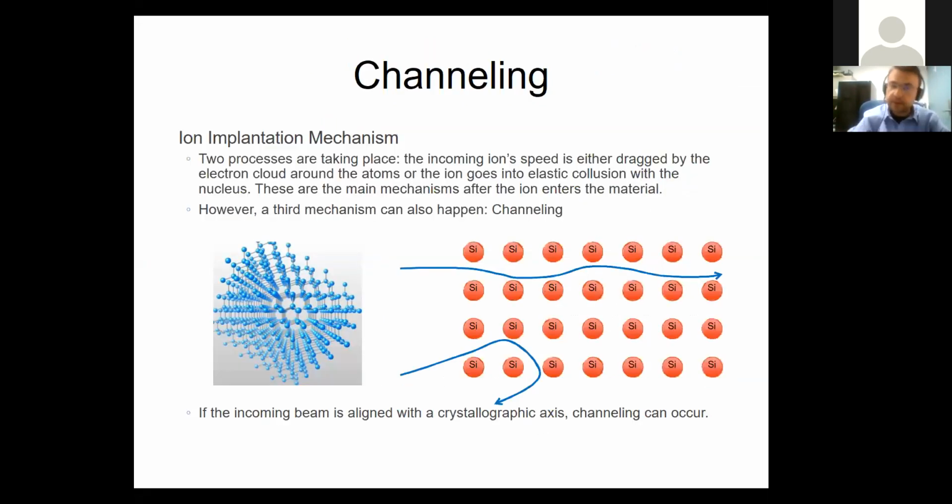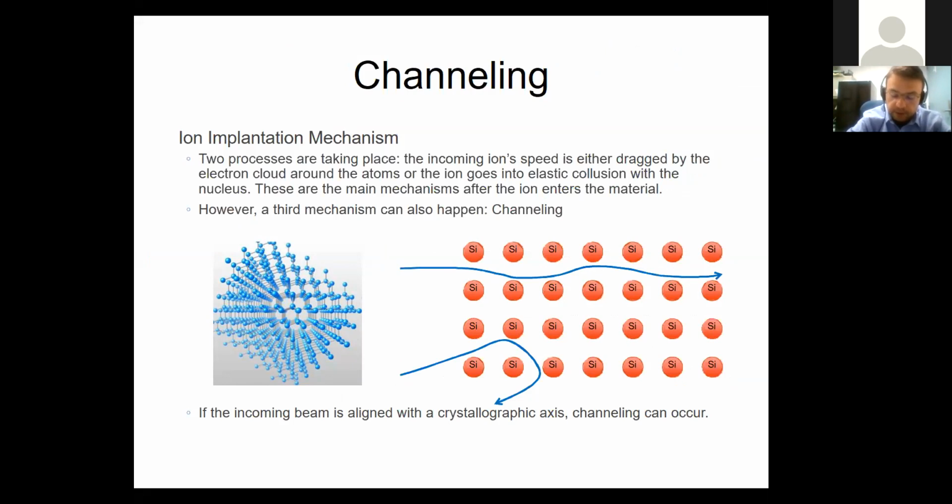But that is still not good enough, because you can end up with these kinds of scenarios when you shoot your ion into your crystal, and it might just occur that, if you look at the crystal from a certain angle, you might just see through the whole crystal. You don't see any silicon atoms across. So this ion can just penetrate through, whereas this ion, with a slightly different incident angle, let's say theta, will bounce back.